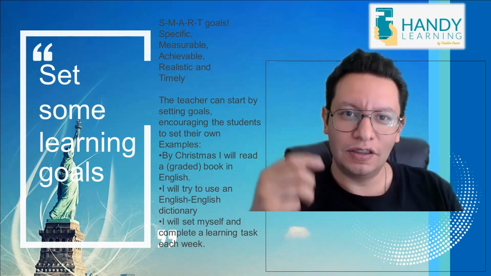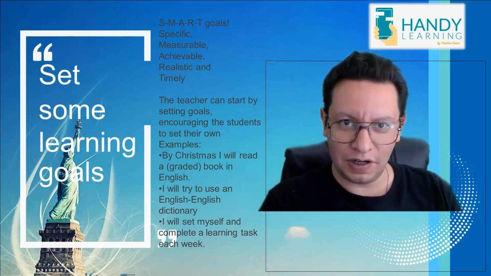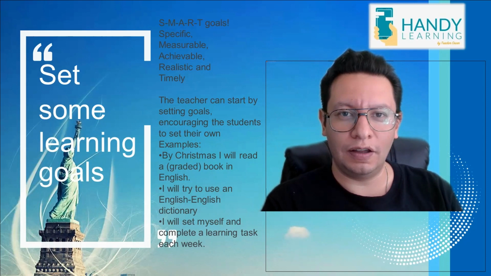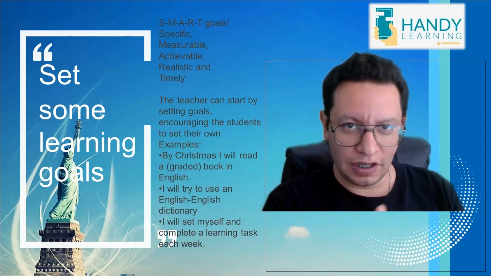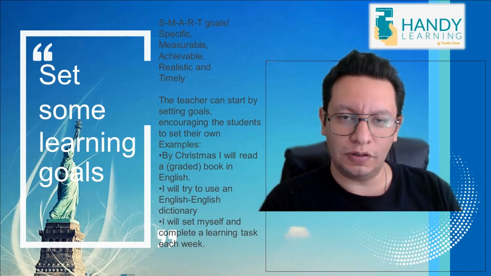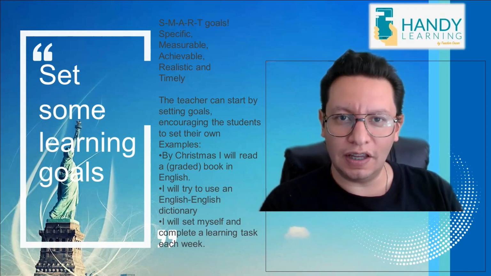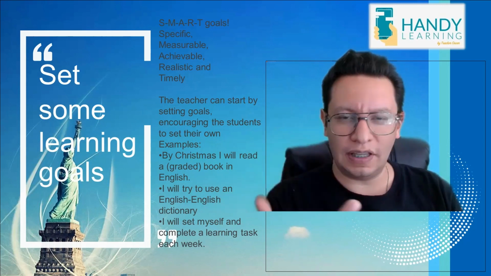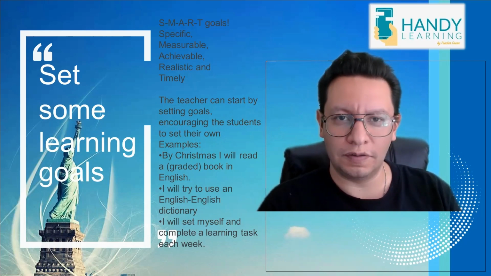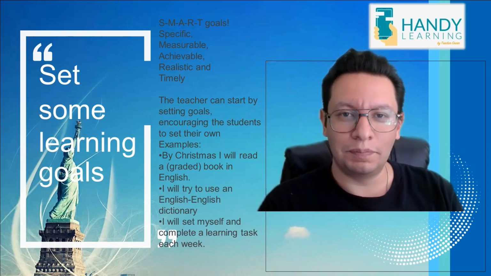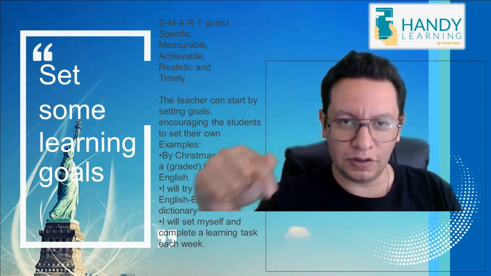You're saying 3 sentences by the end of a lesson. It is also achievable if you're talking about an A1 or a beginner A2 student. So it's something he can achieve. Realistic means 3 sentences in one lesson is completely realistic. And timely, by the end of the lesson of today.